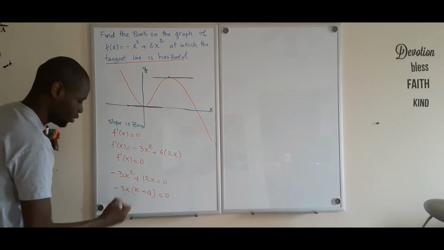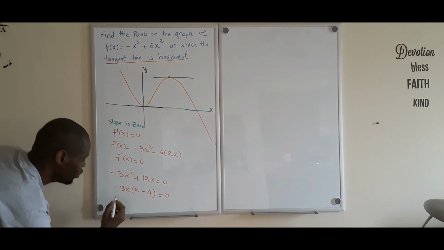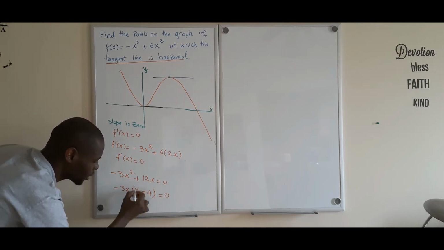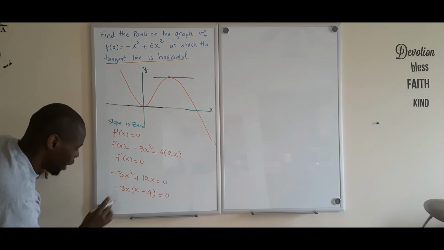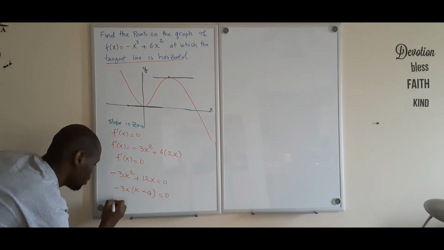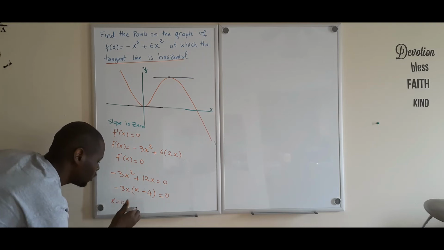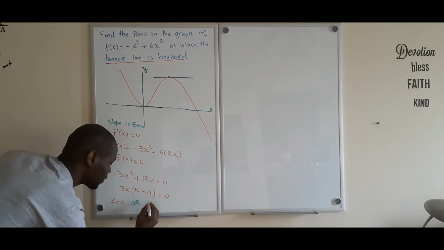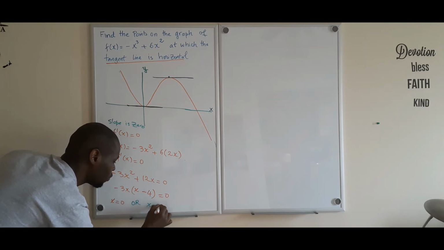Now, there are only two solutions here. Minus 3x equals 0 or x minus 4 equals 0, right? And we know that minus 3 cannot be 0, so x must be 0. So x equals 0 or x minus 4, the second term, equals 0.